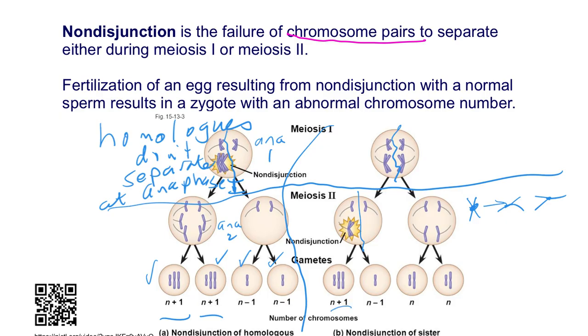You have an extra chromosome that you don't need. You'll be missing a chromosome, but you'll get some normal haploid gametes. 50% of your gametes will be defective. Of those 4 that are formed, 2 will be defective.